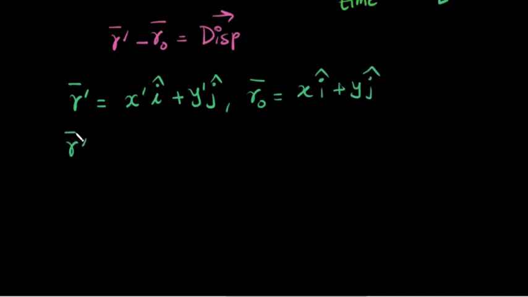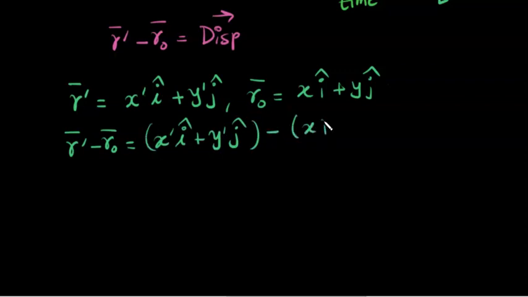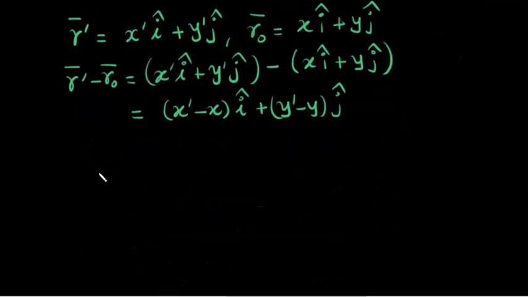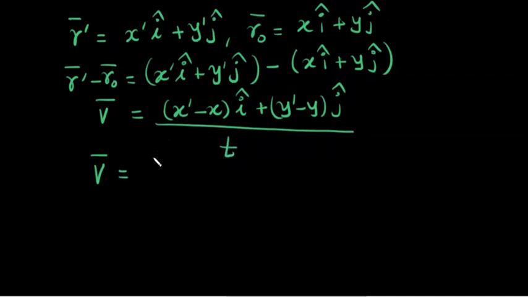So r dash bar minus r0 bar is x dash i cap plus y dash j cap minus x i cap plus y j cap, which is x dash minus x i cap plus y dash minus y j cap. This is our displacement, and divided by time, this is our velocity expression.